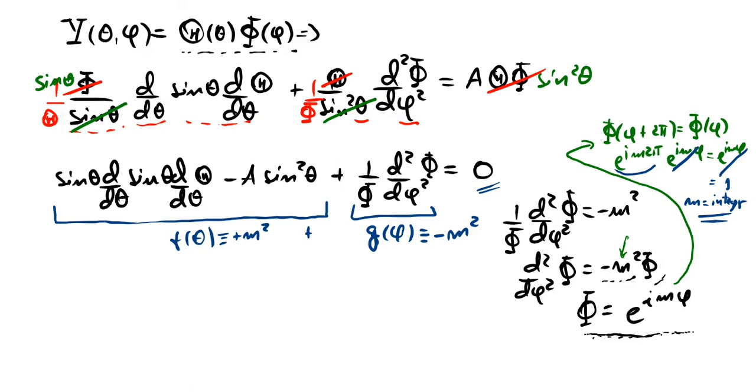So, okay, now I'm saying that this has an m squared term there. So now I need to go for the other part of my equation here. In the end, I can rewrite this thing like this, right? Sine of theta, then minus a sine squared of theta.